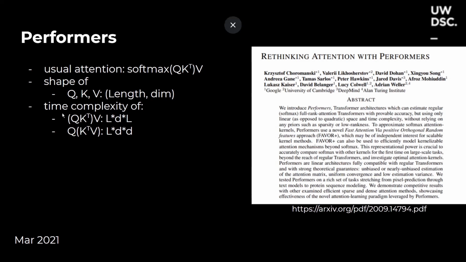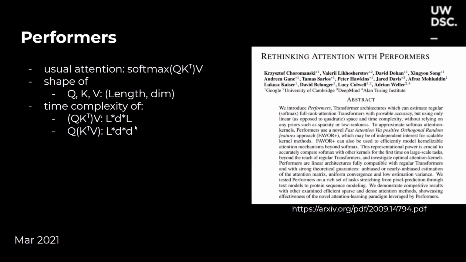Usually we multiply Q times K and then multiply that by V, and the time complexity of that is L squared d. And if you rearrange these variables into K times V first and then multiply it by Q, then the runtime complexity decreases to L d squared.